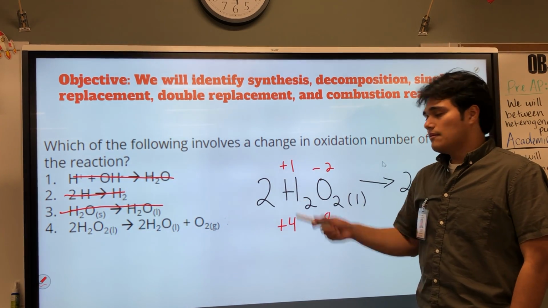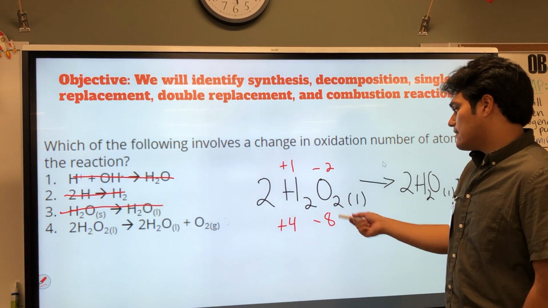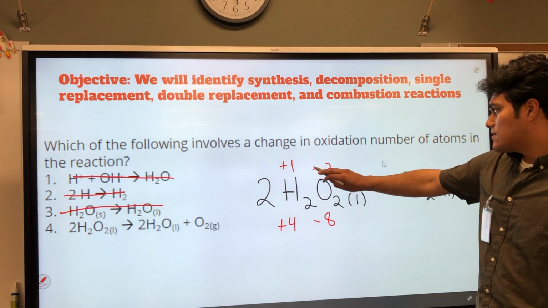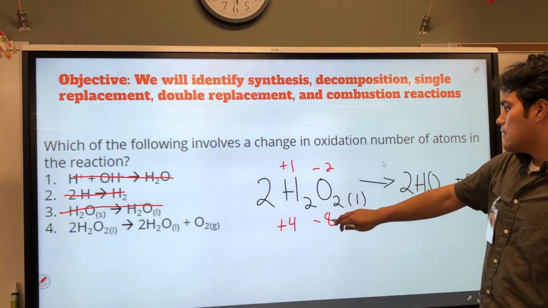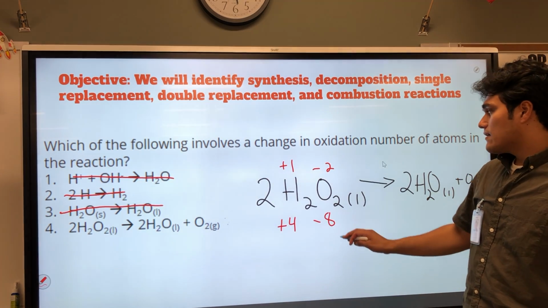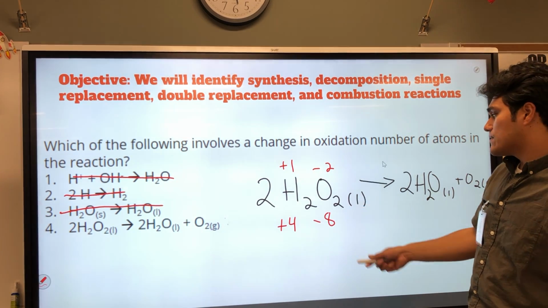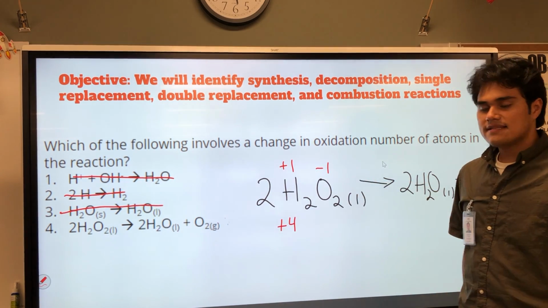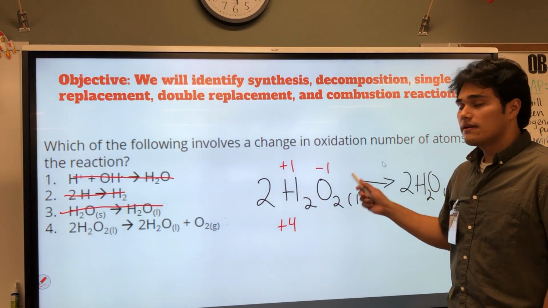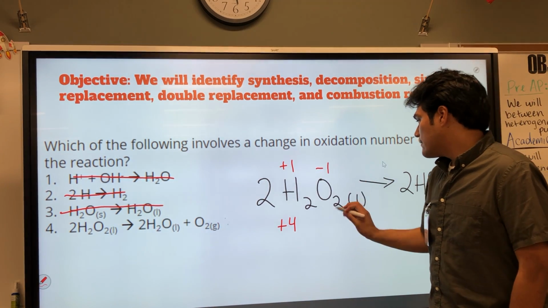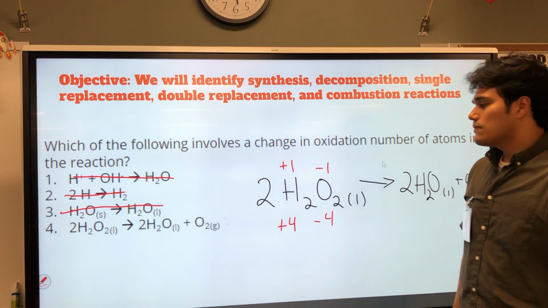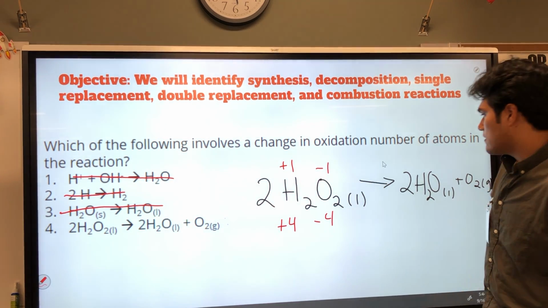Now, if you notice, that compound was neutral to begin with, so its oxidation numbers have to add up to 0. If we keep these oxidation numbers, they give us a +4 and a -8. That would be -4 overall, and that's not what we started with. So instead, what we can do is give this oxygen its -1 oxidation number, and then 2 times 2 is still 4, times -1 would be -4. These two cancel out, so our oxidation numbers are good there.